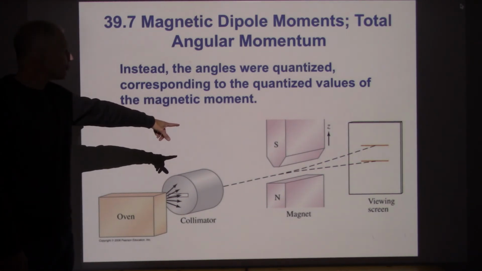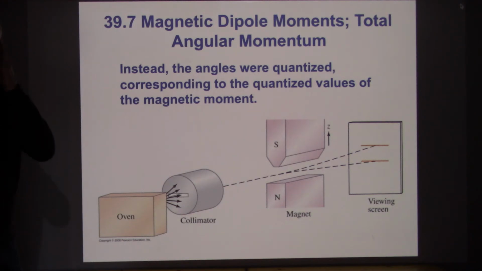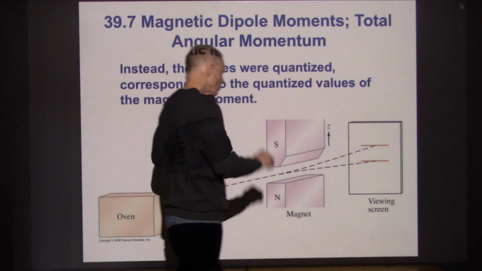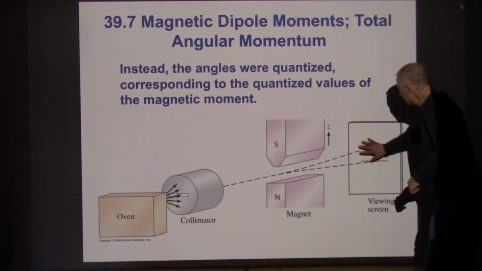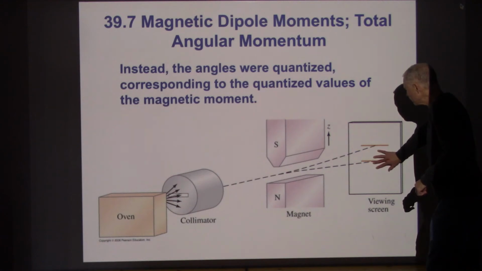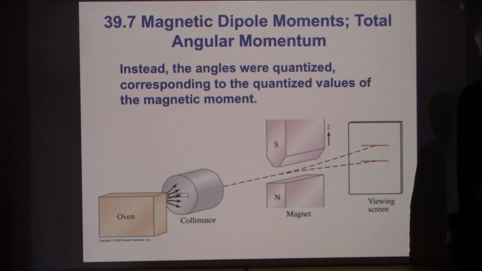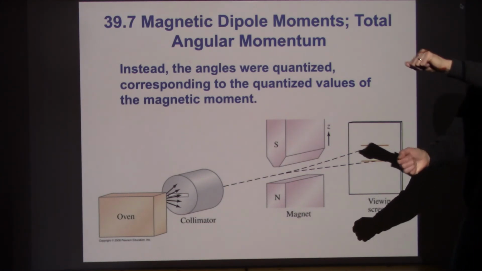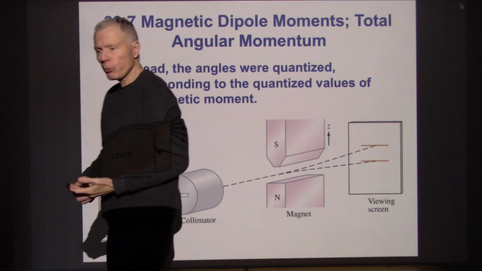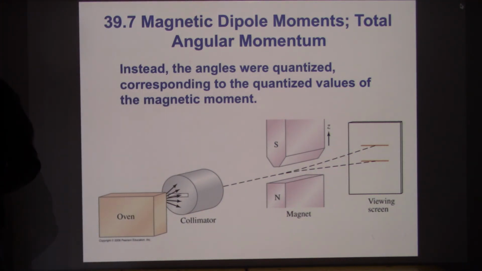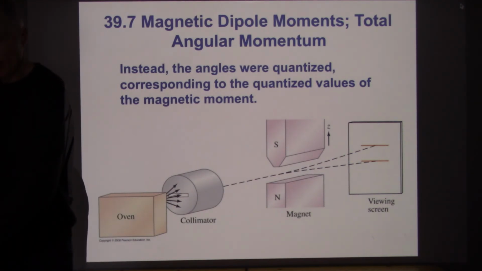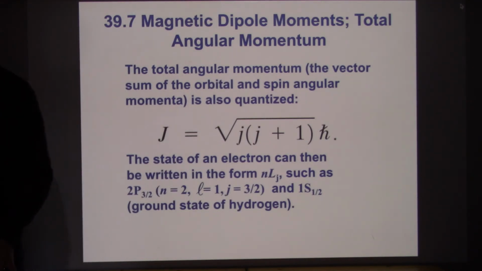But going through the magnetic field, the electrons end up deciding which they are. The spin ups get pulled in one direction, the spin downs in the other. Instead of a smeared pattern, we end up with two fairly distinct lines, two distinct locations on the screen where those atoms land. So this experiment first suggested the existence of spin, and it reinforced the idea of quantum states and what happens when atoms pick a particular quantum state to go into.